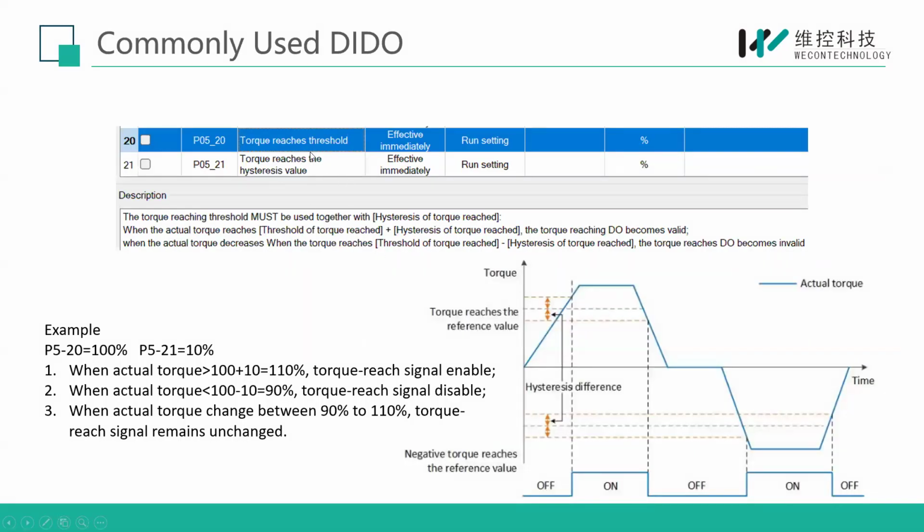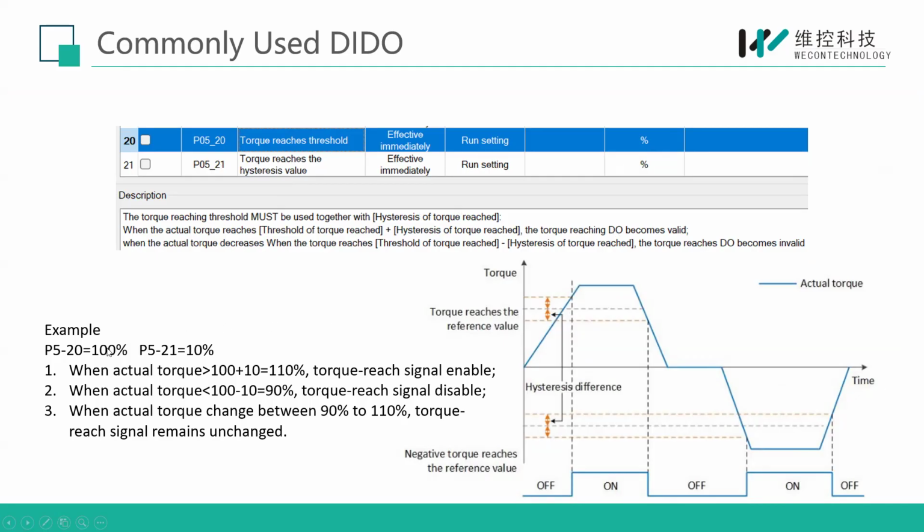Here I have two parameters that are also commonly used in torque control: P5-20 and P5-21. How do these two parameters work?